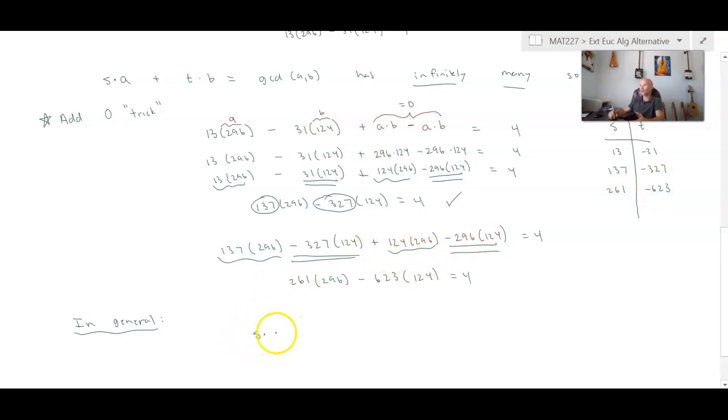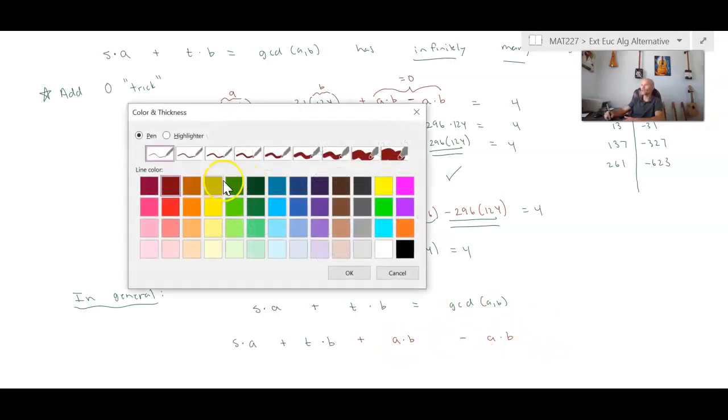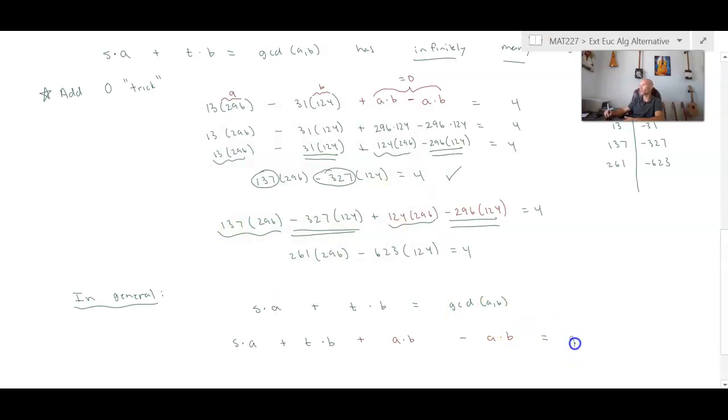If we have s times a plus t times b equals the GCD of a and b, then one thing that we could do to generate another solution is to add a times b and subtract a times b. And that still equals the same quantity, the GCD of a and b, because let's recall that this right here is still equal to 0.